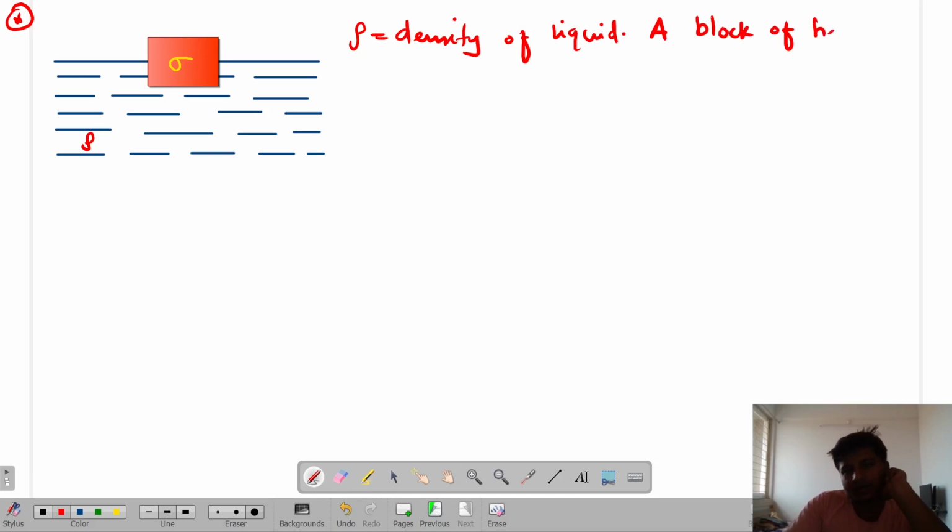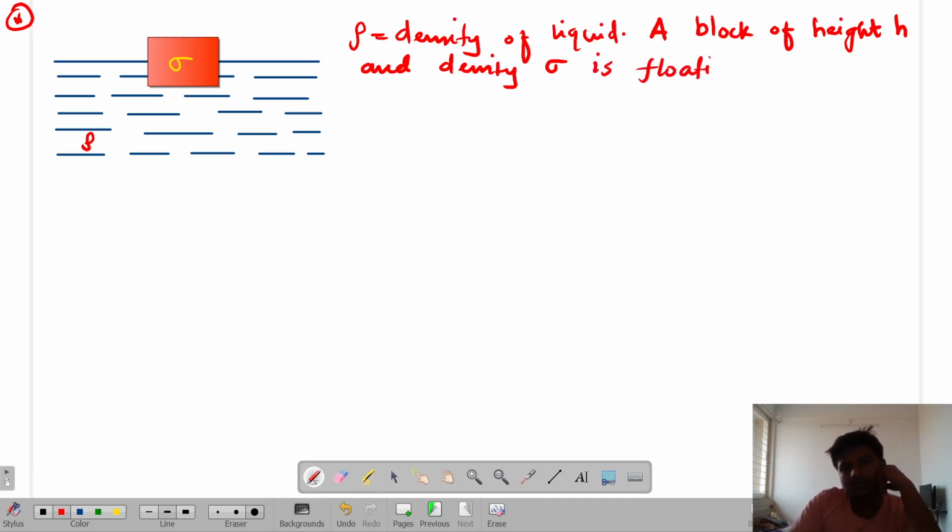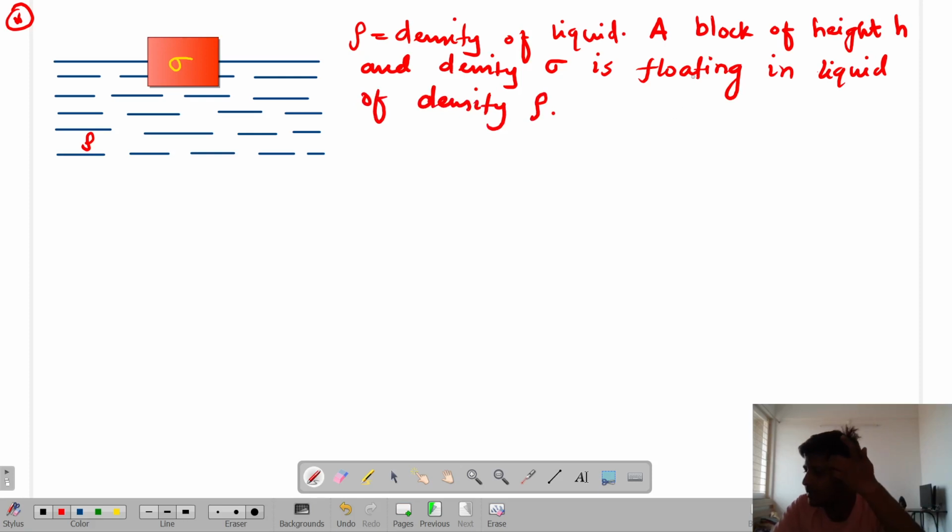A block of height h and density sigma is floating in a liquid of density rho.